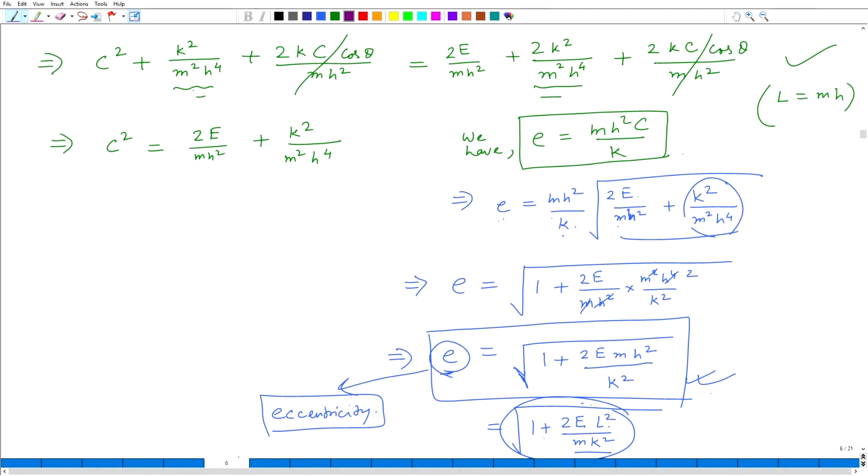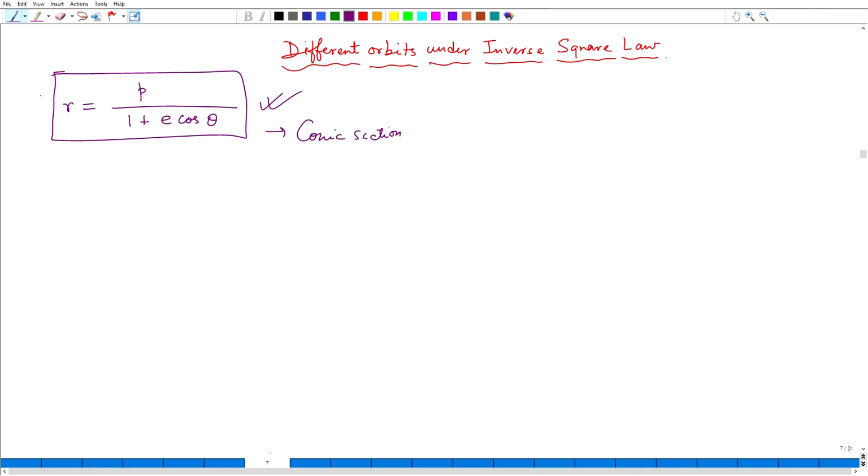We then also said that the eccentricity of the conic section, which is given by small e, will be related to the constants of motion in this way: root over 1 plus 2 capital E L square by m k square. Here E is the total mechanical energy, and we also said that E is greater than or equal to 0.